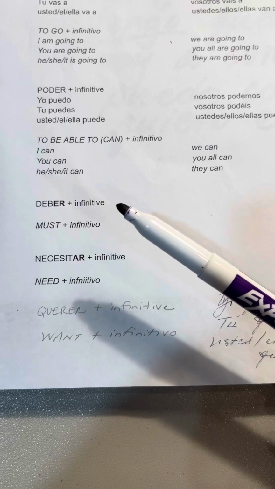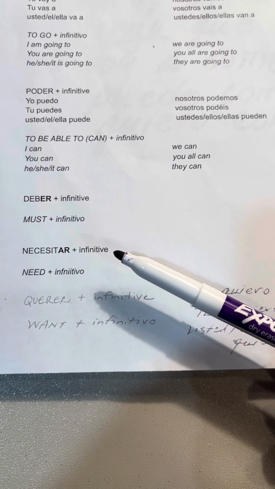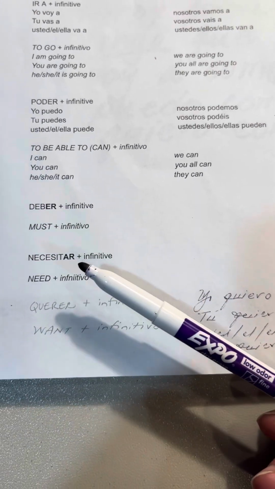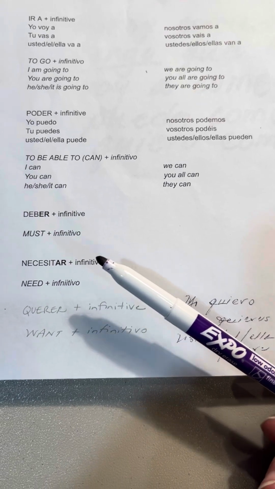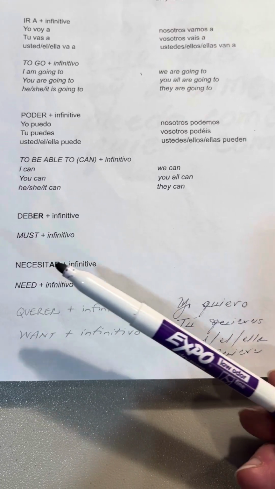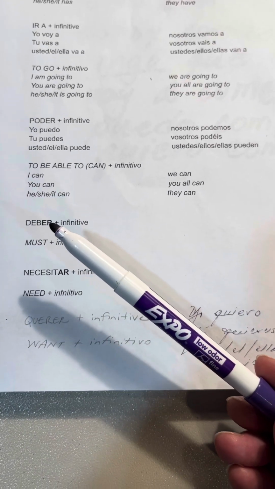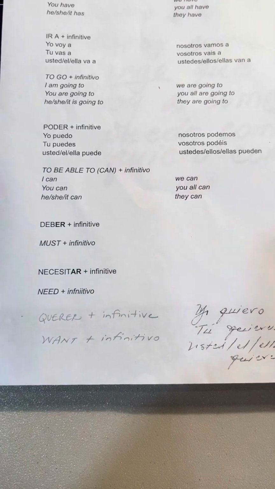Deber and necesitar. We learned necesitar right at the beginning. And it's a straight conjugation, nothing irregular about it. You're going to add whatever conjugation of necesitar to your infinitive. Deber is also regular. It's an ER ending. Must. That has an emphasis.